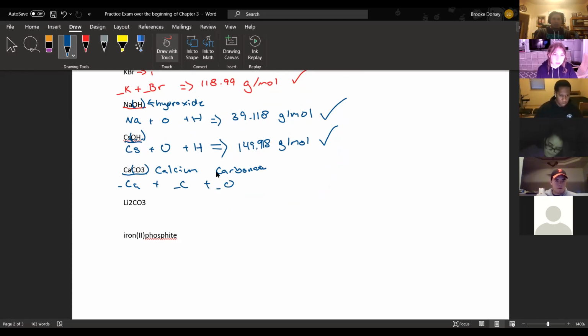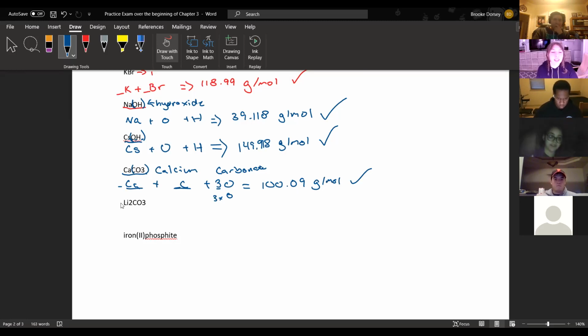Only the oxygen, by 3. Beautiful. So it's the mass of calcium plus the mass of carbon plus 3 times the mass of oxygen. What do we get as an answer? 100.09. Anyone else get this? Yes.